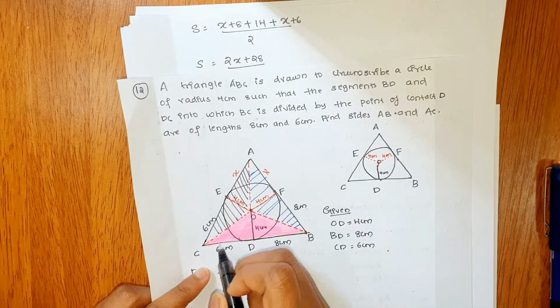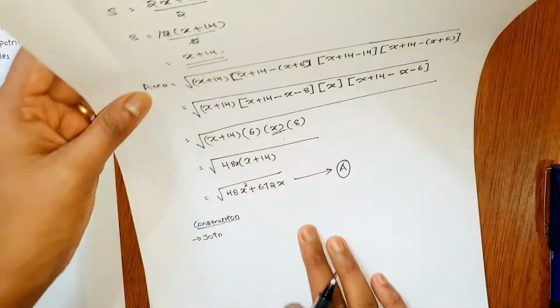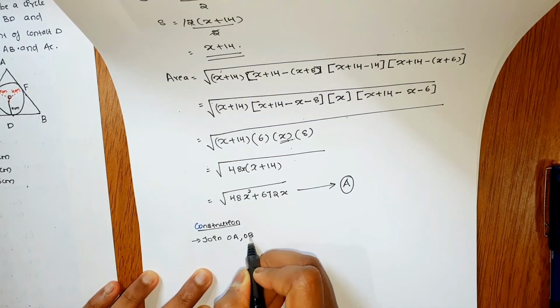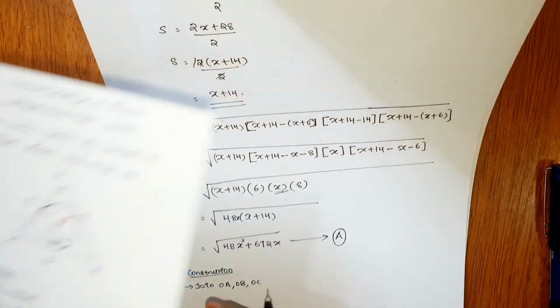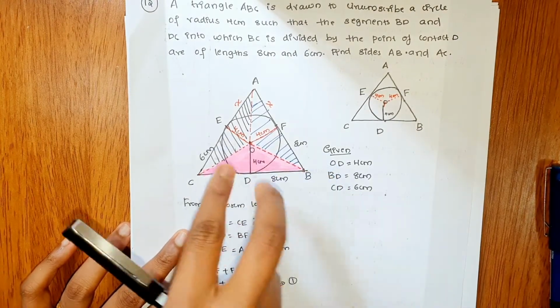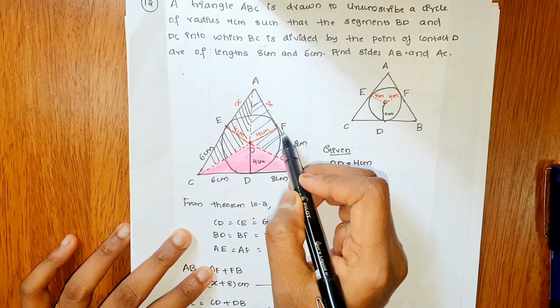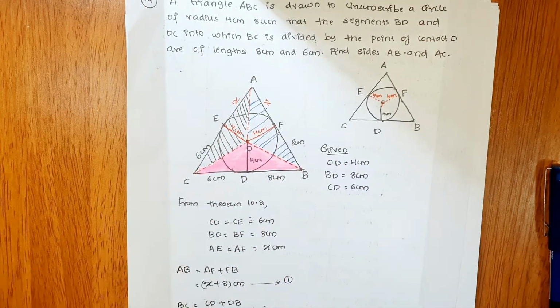So I joined all the 3 sides. So I am writing here: join OA, OB and OC. Here OE is 4 centimeter. So OF is also 4 centimeter because both are radius, right?